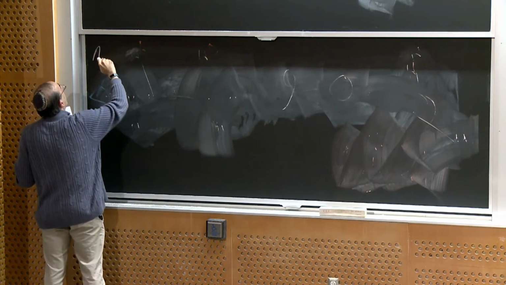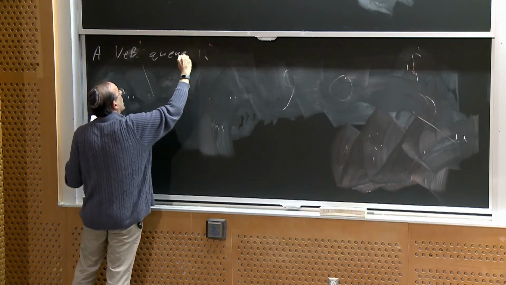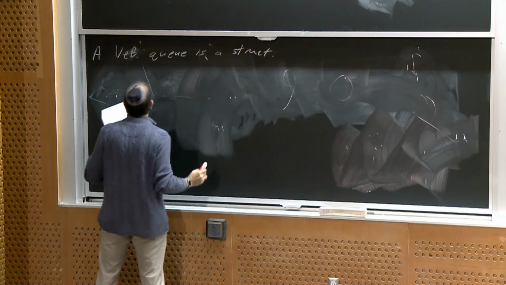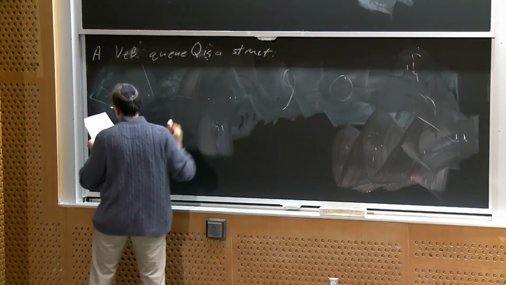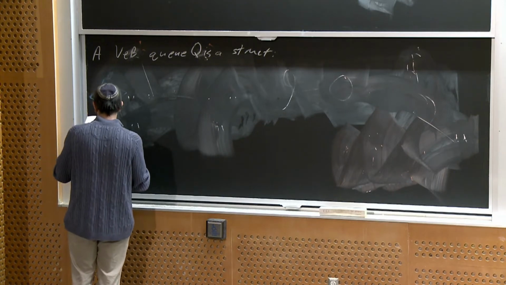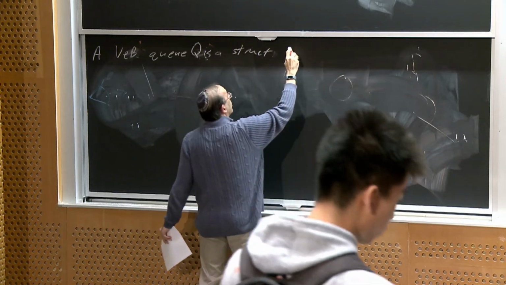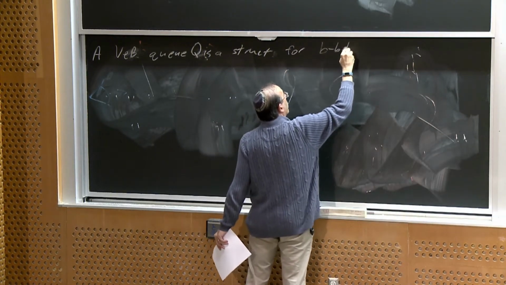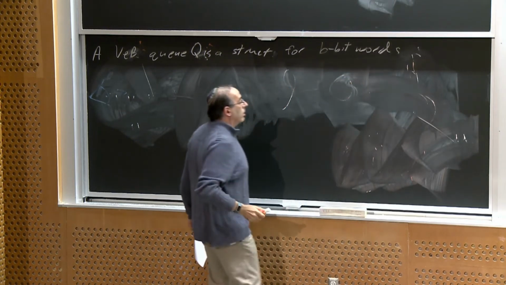So a van Emde Boas queue, and sorry, I'll use the letter Q for this, is a structure which contains some fields. And this is a queue for some number of bits. This just makes it easier notationally.